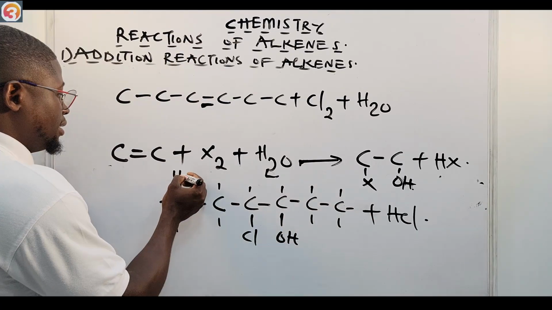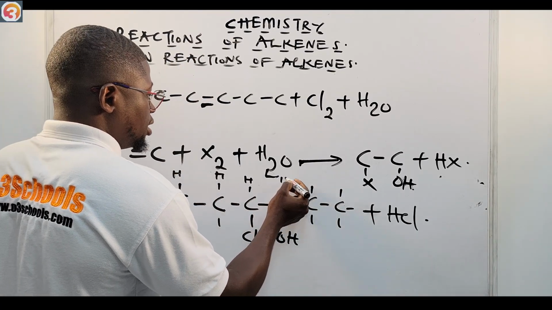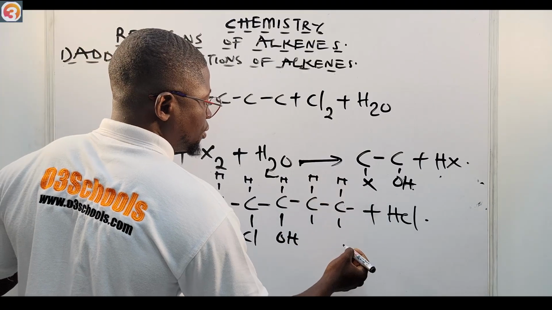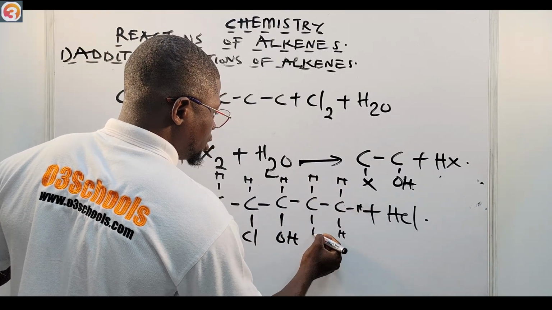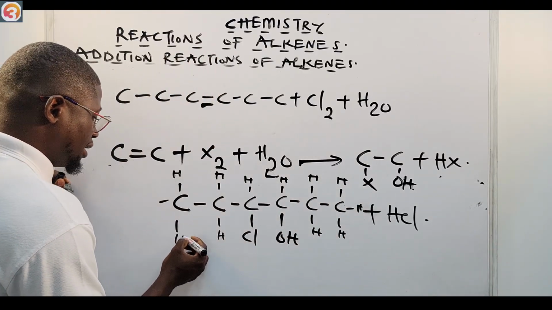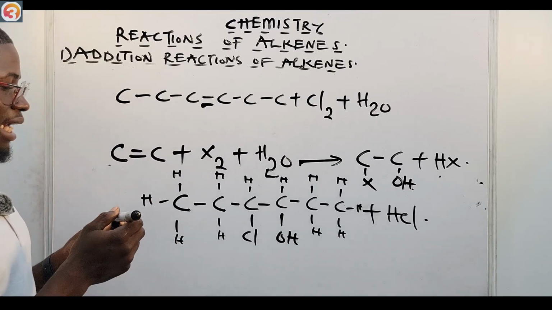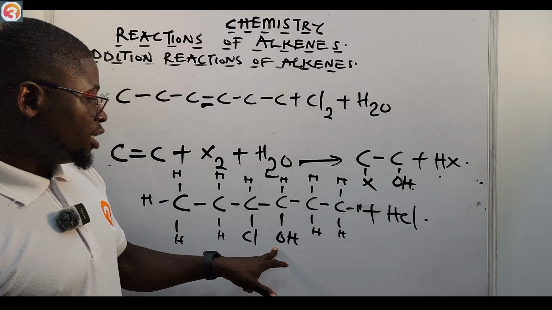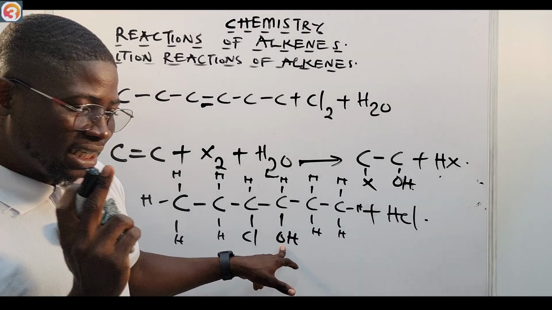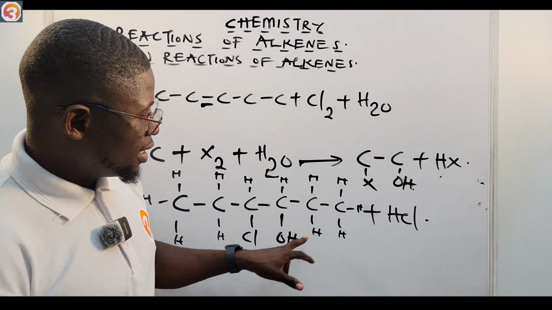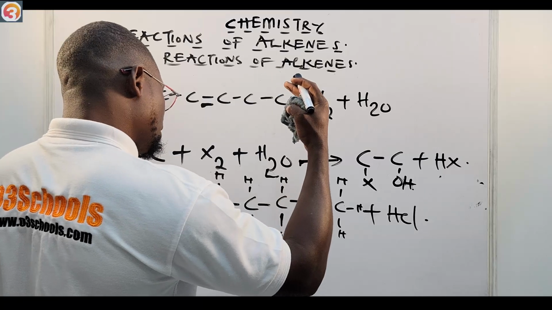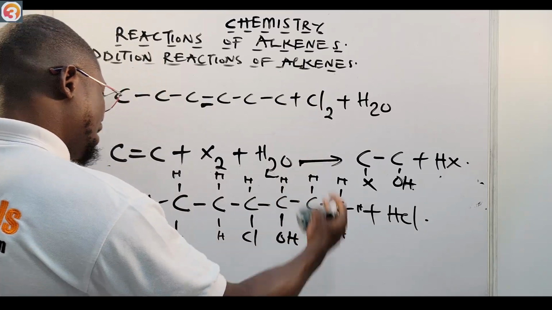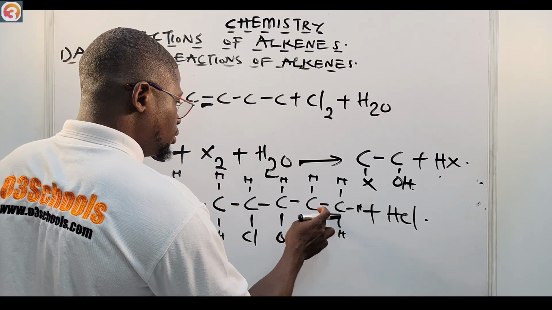Remember this is H. We are completing the structure, so we can name it. This is a haloalkanol. What will this one be called? The position of the hydroxyl group is given credence. So I'm going to number from right to left: 1, 2, 3.